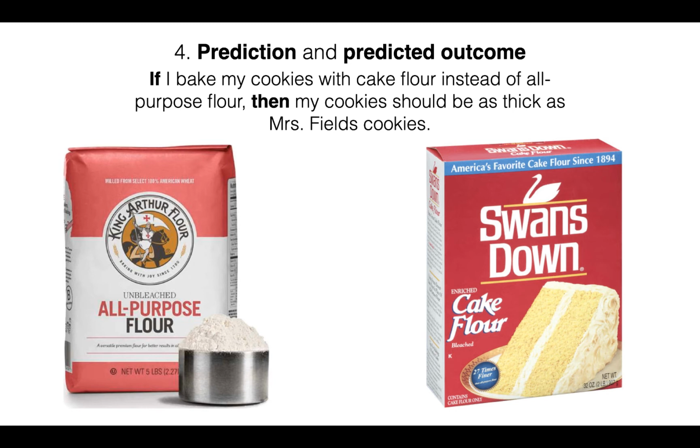If I think that it's the cake flour that makes the Mrs. Fields cookies thick, and that cake flour will make my cookies just as thick, then I can make a prediction here. Based on the assumption that my hypothesis is true, I can say, if I bake my cookies with cake flour instead of all-purpose flour, then my cookies should become as thick as Mrs. Fields' cookie.